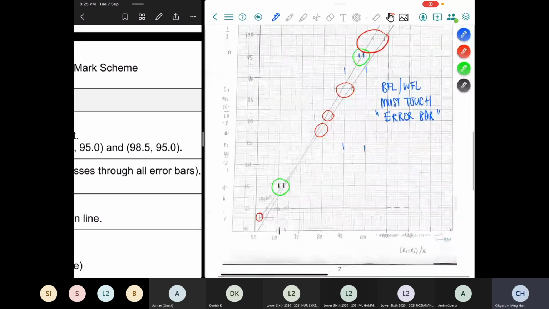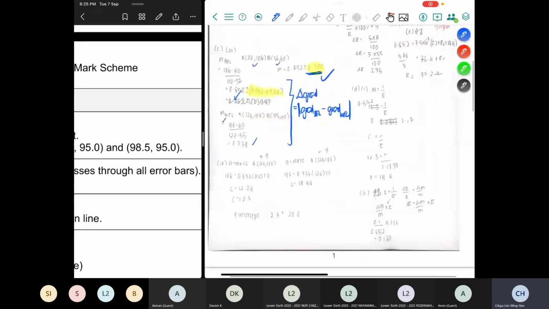You'll be penalized. Okay, so we go back to the front page, and then we do the same thing for the y-intercept. Yeah, so for the y-intercept, you use y equals mx plus c. You get the y-intercept for the best fit line and the worst fit line. Kashfi, you will get penalized here. You know why you get penalized? Because you didn't mention which one is the y-intercept of the best fit line, which one is the y-intercept of the worst fit line.